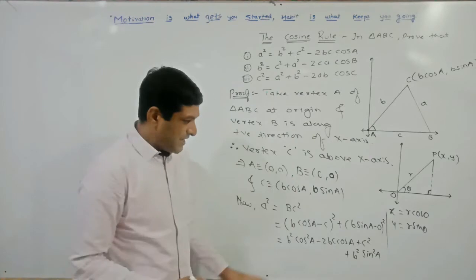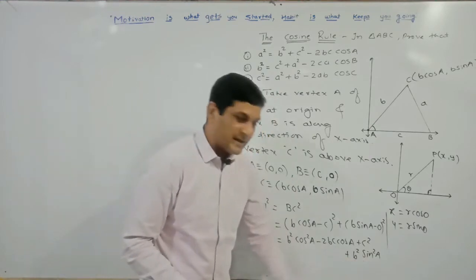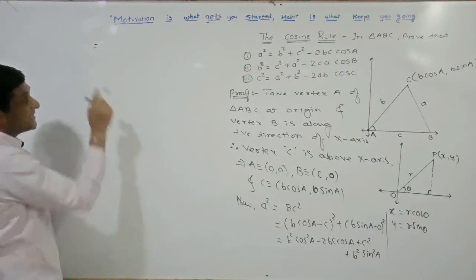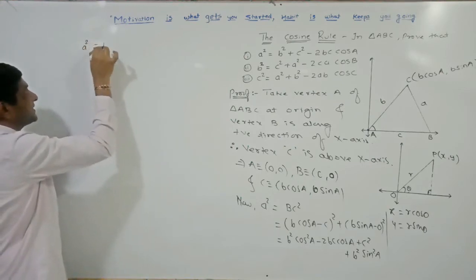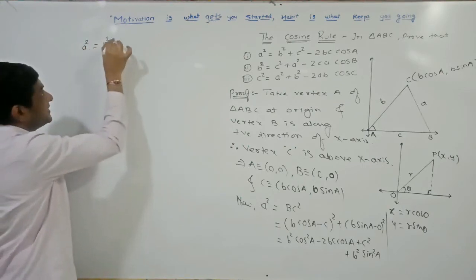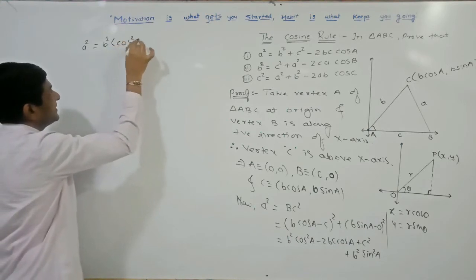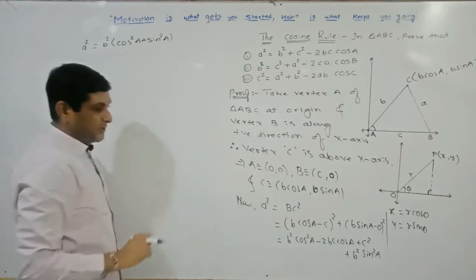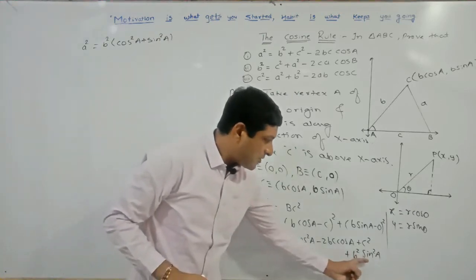Okay, so now we are collecting the terms of b square. The left hand side is a square. If we take b square common from these two terms, what we will get here? Cos square A plus sin square A. Just simply we have taken b square common from these two terms.